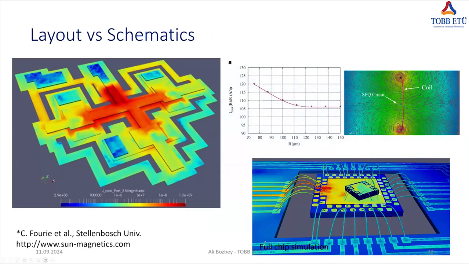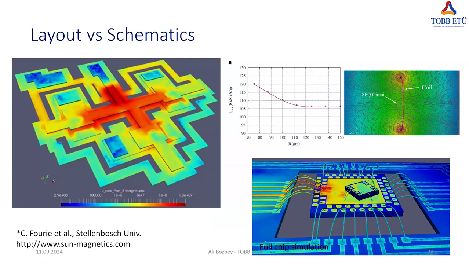And before the fabrication of the circuit, after some point, the circuit will scale quite fast, like 5 mm by 5 mm circuits that include thousands of junctions, thousands of inductors, transmission lines, etc. So the whole chip should be simulated before fabrication.